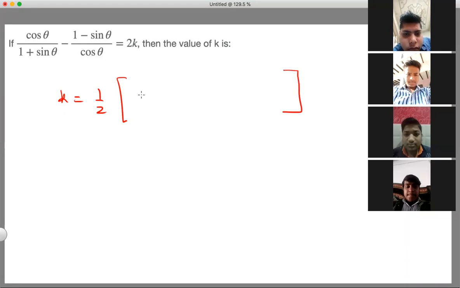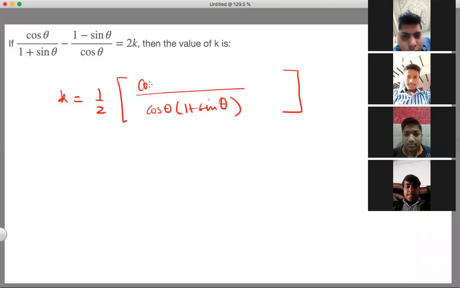We can take the LCM, cos theta times 1 plus sin theta, and we will get cos square theta minus 1 minus sin square theta. So is the value 0?